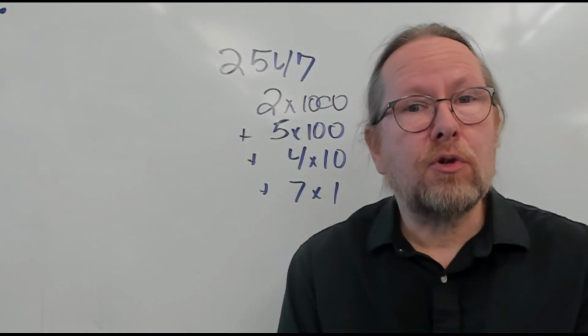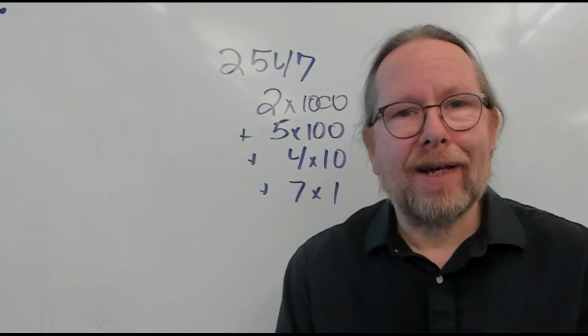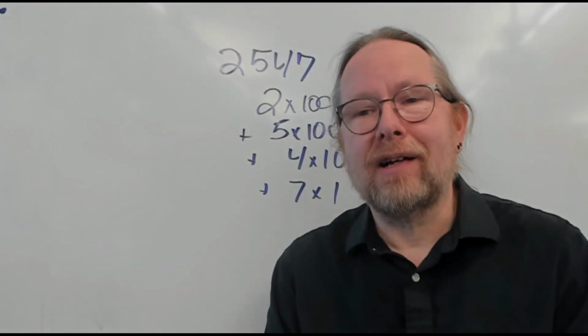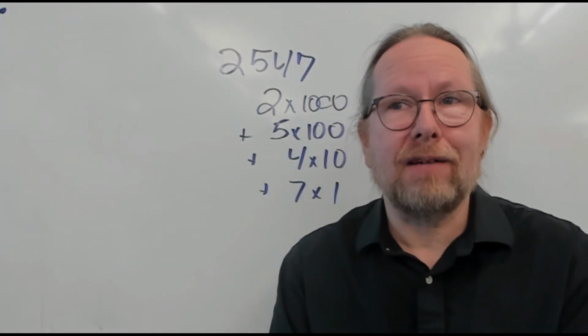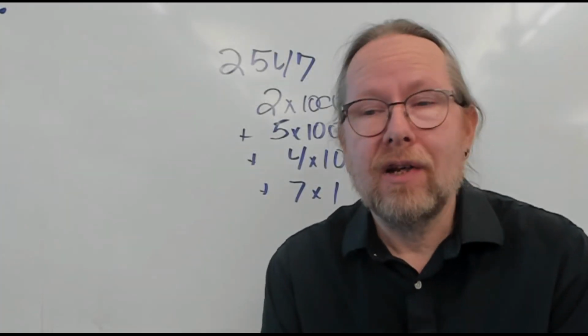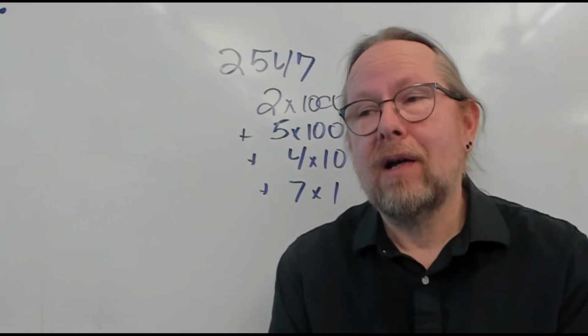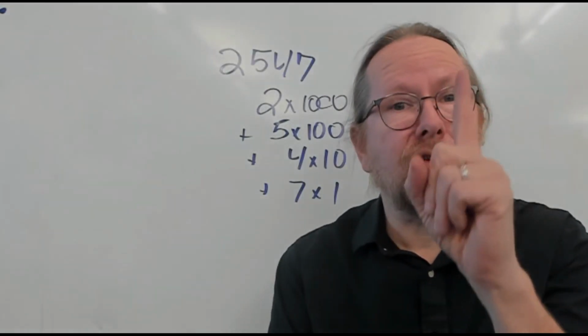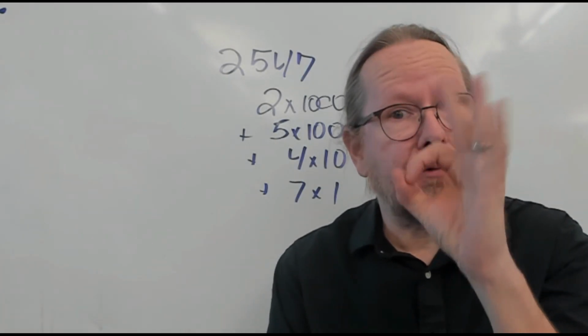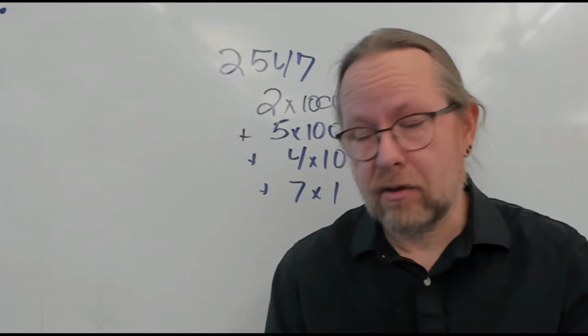Computers use a base 2 system. Computers only have 2 fingers, as it were. They're made of circuits that can be either open or closed. They can either have current running through them or no current running through them. So the numbers that they understand are 0 and 1, on and off, the only numbers that a computer understands.